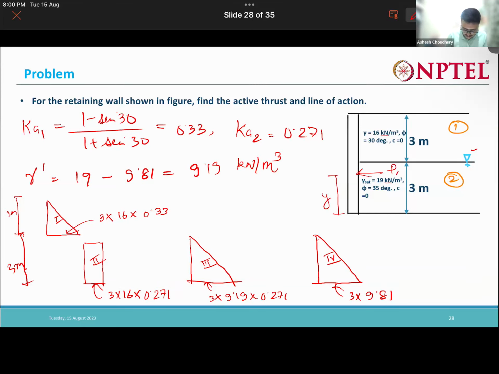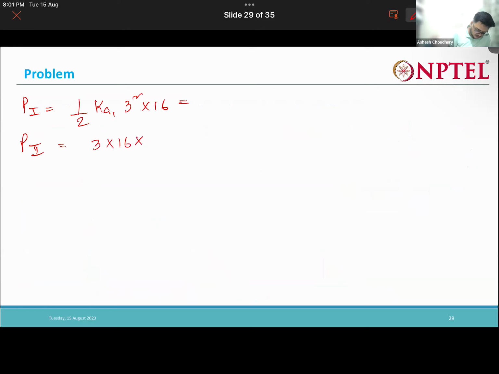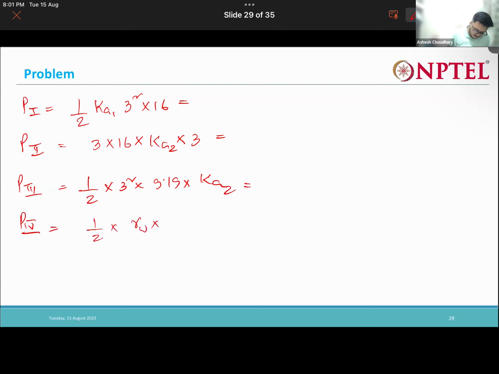Similarly, we will find P1, the area of the first triangle: half K1 into 3 squared into 16. P2 will be 3 into 16 into K2 into 3. P3 will be half into 3 squared into 9.19 into K2. P4 will be half into 3 squared into gamma w.